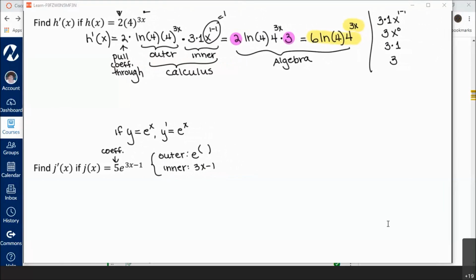I put up some scaffolding if you're still trying this. The 5 coefficient, the outer function is e to something.